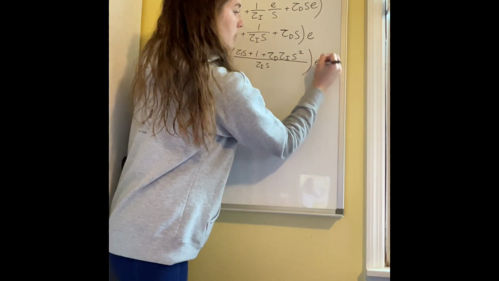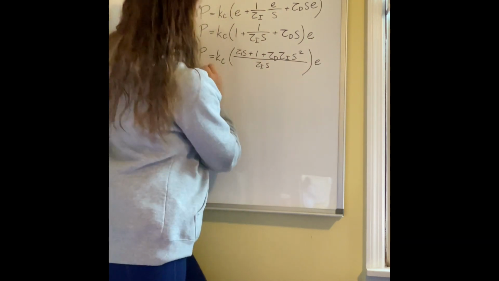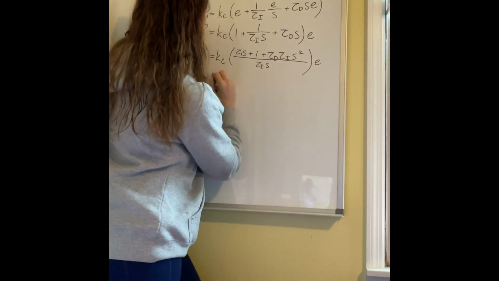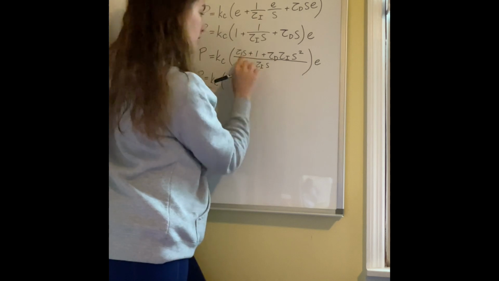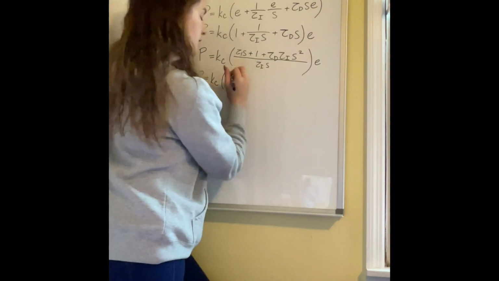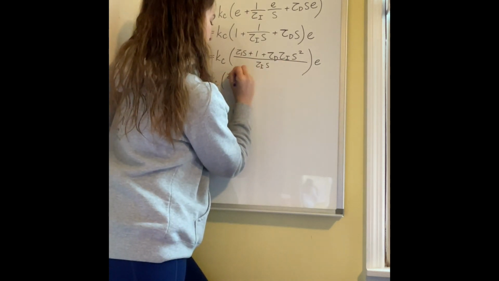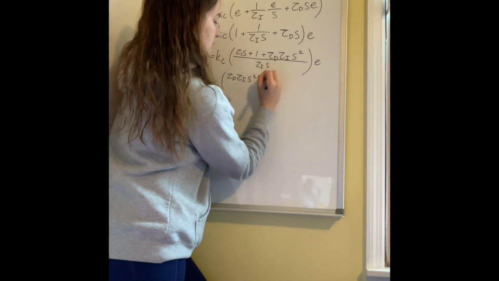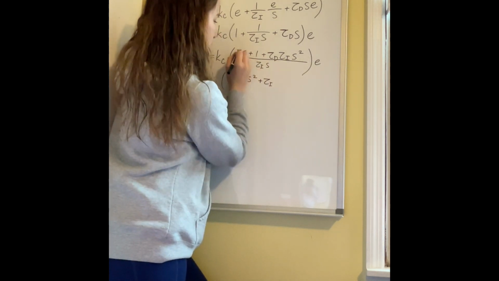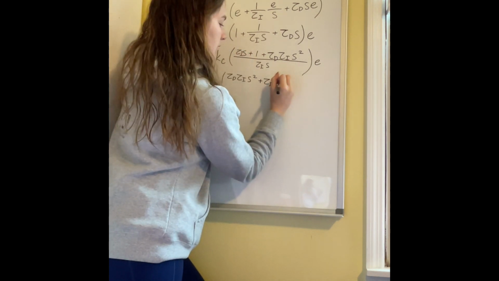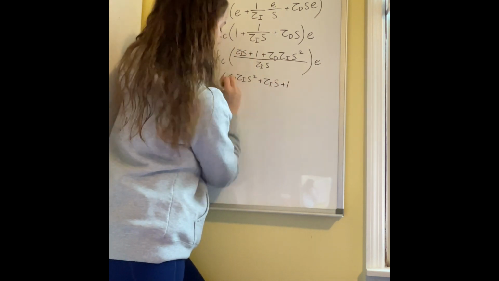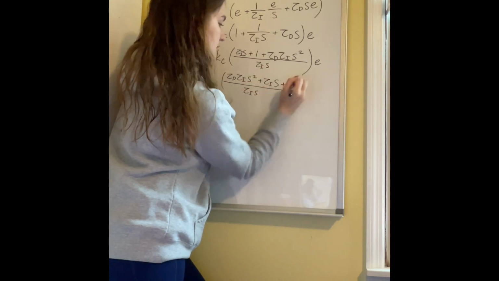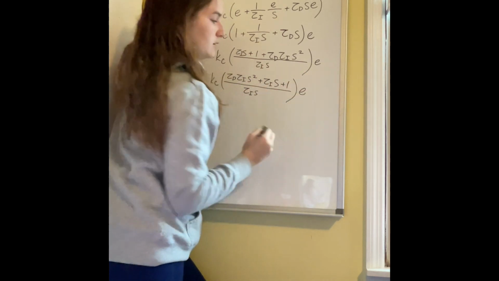We still have our e on the outside. So I'm going to go one step further and write this in decreasing order of our exponents. So we're going to have tau d tau I s squared plus tau I s plus 1, and it's all over tau I s, and we have e on the outside.